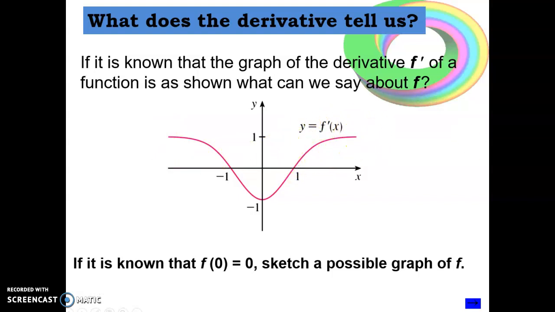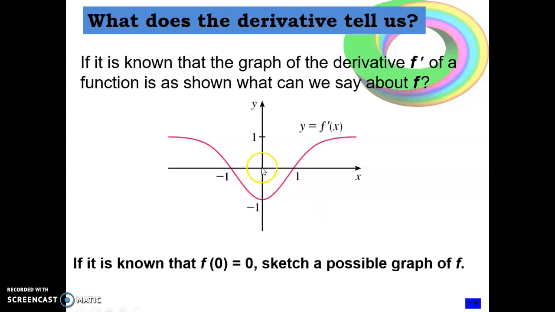So in those same intervals the f curve, the curve I cannot see, must be increasing, because when the derivative lies above the x-axis, the original curve must be increasing. Also, from negative 1 to 1, the derivative curve is below the x-axis, which means that the f function must be decreasing on that interval.